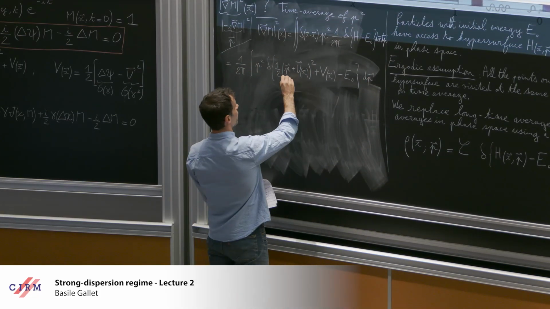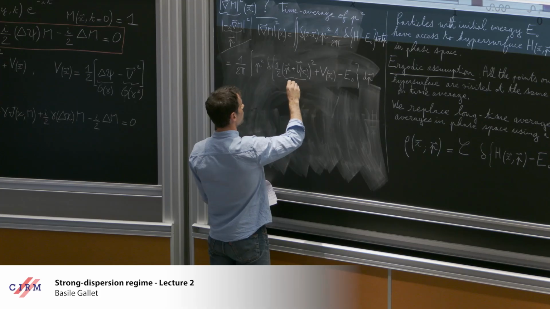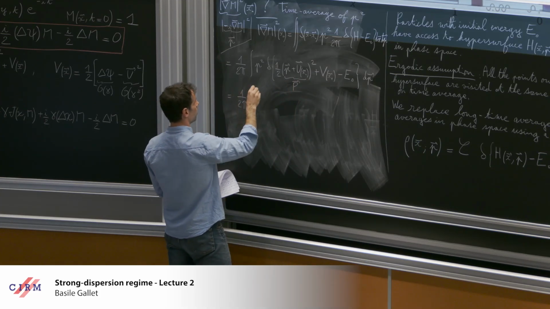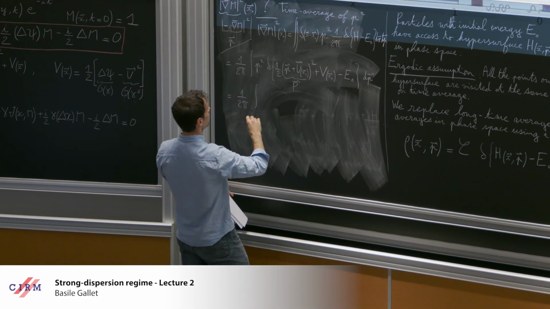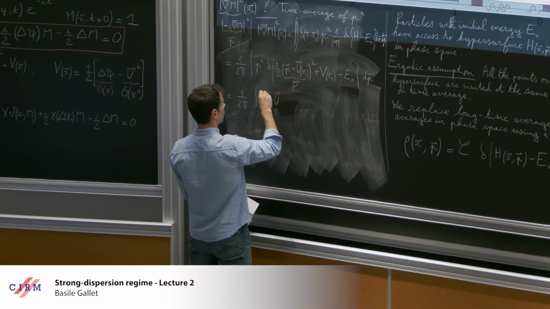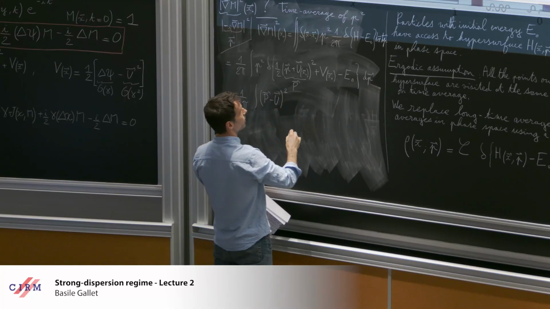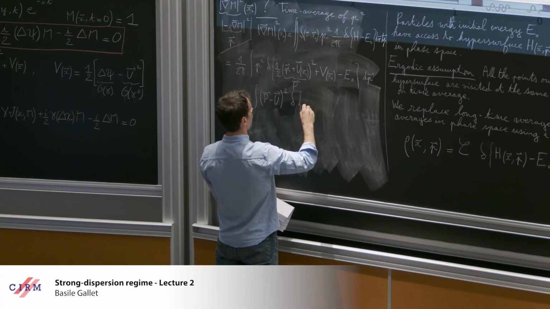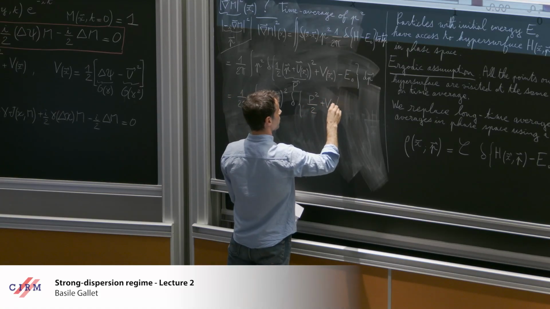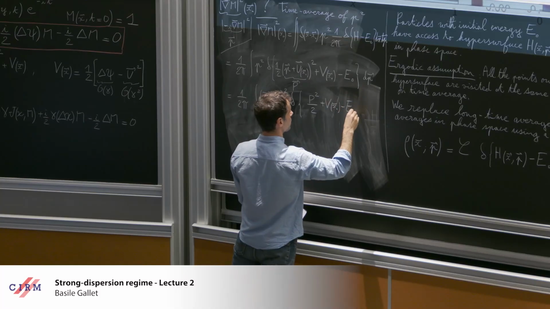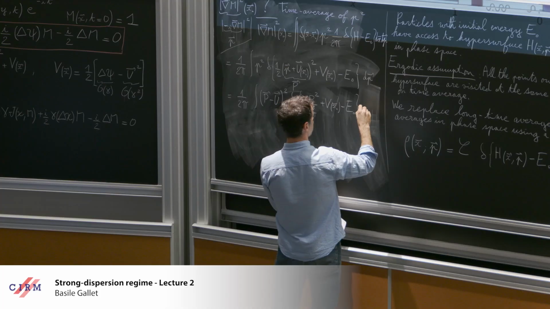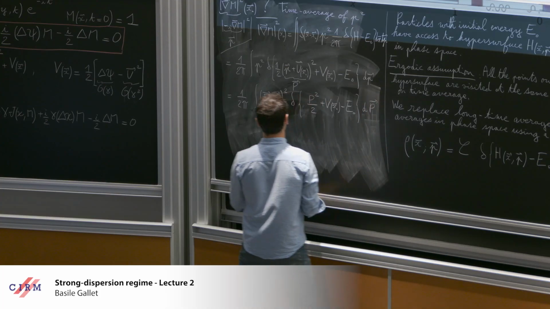Again, I'm going to change variables to this capital P here. So it's 1 over 2 pi, the integral, little p is capital P minus u, squared. And then I have delta of P squared over 2 plus v of x0 minus E0. I'm going to keep dP here.